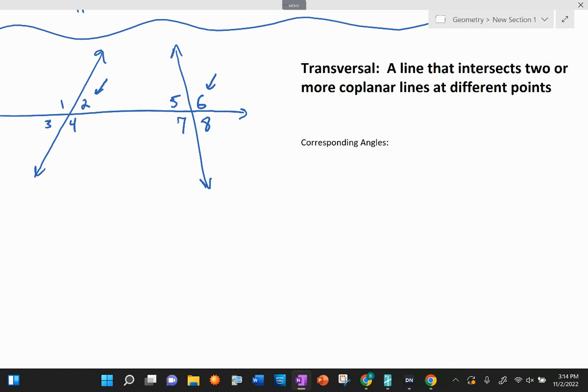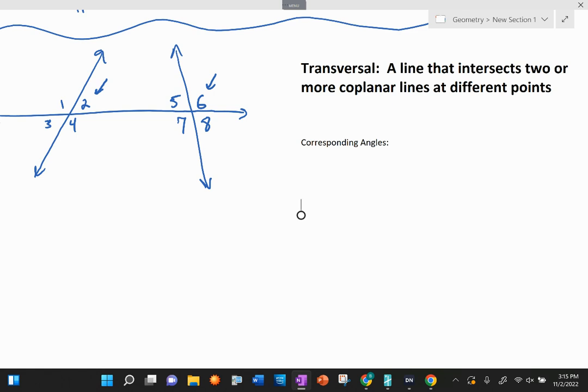Are they both on the same line? 2 and 6, yes. And they are both on the right upper side of the line they form an angle with.